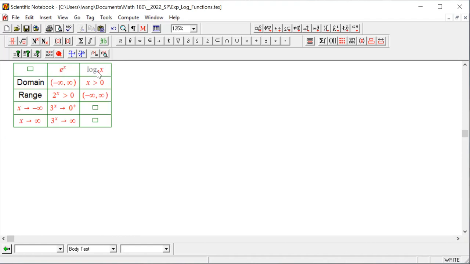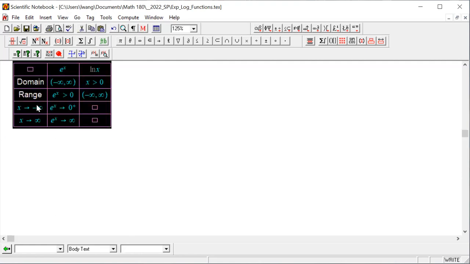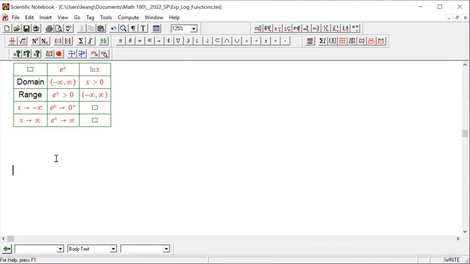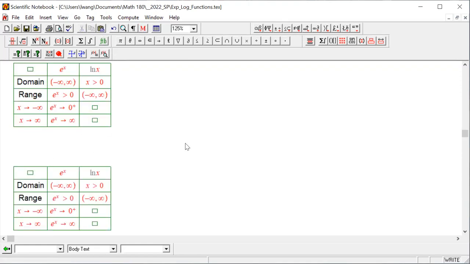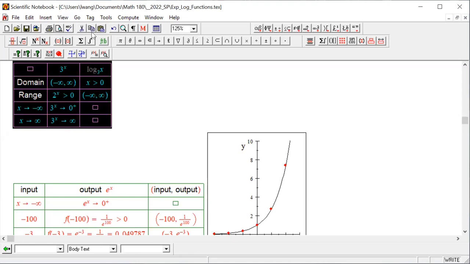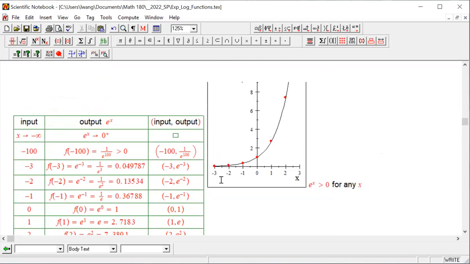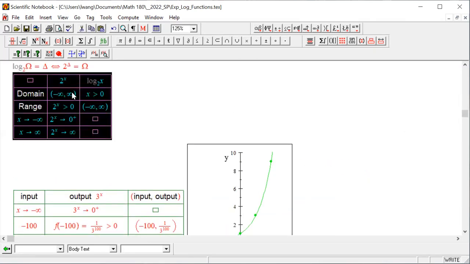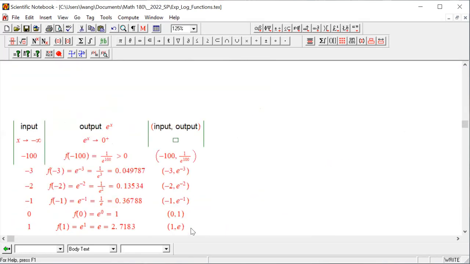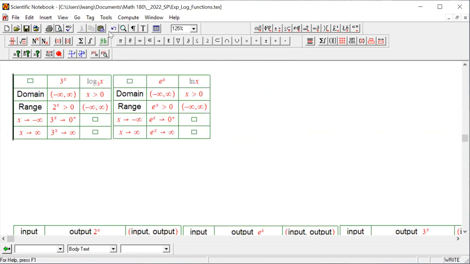So let me first finish up this summary, which we are rather familiar with. Okay, so e to the power x, domain and range, they have all these similarities. And so I'm putting this one here, right? And 3 to the power x, we have summarized, and 2 to the power x, we have also summarized.